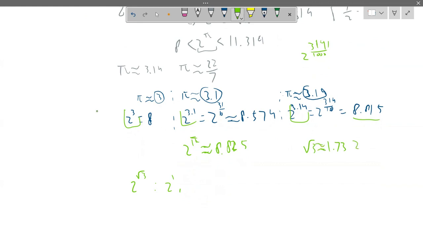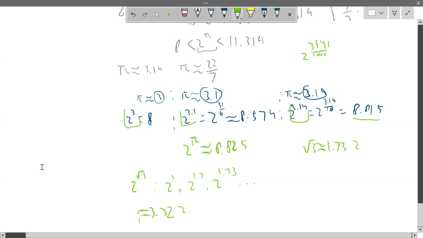So you begin with 2 to the power of 1, then 2 to the power of 1.7, then 2 to the power of 1.73, and so on, until you notice that the number doesn't change all that much anymore. And when that happens, you can be somewhat confident that your answer should be that number. If you plug this into a calculator, you get around 3.322.